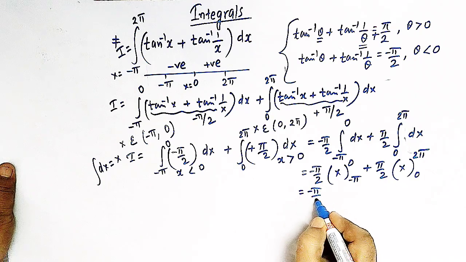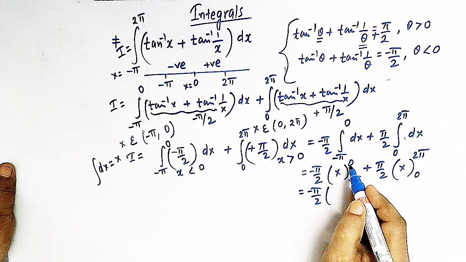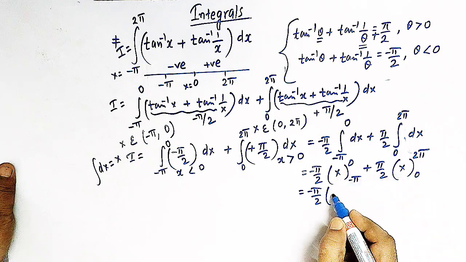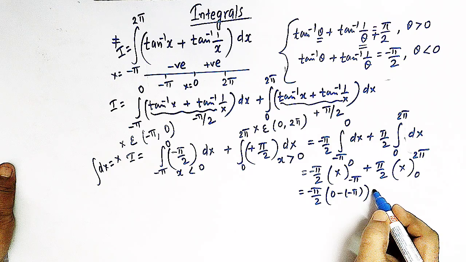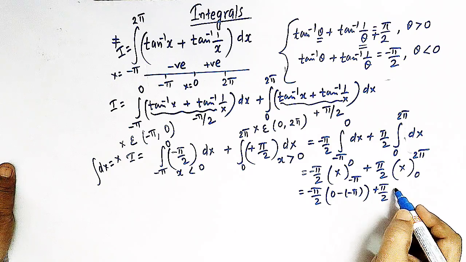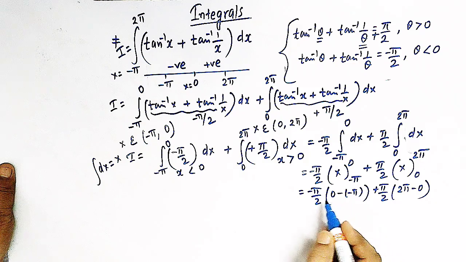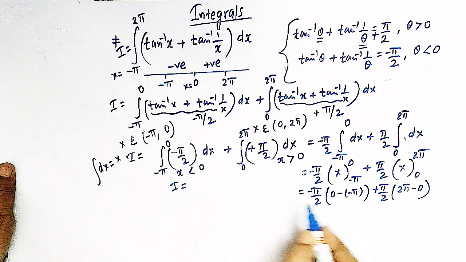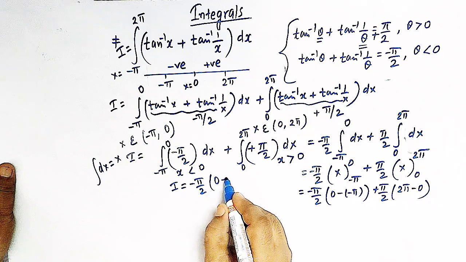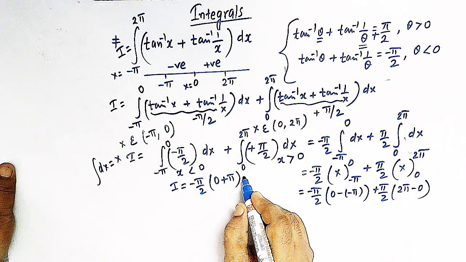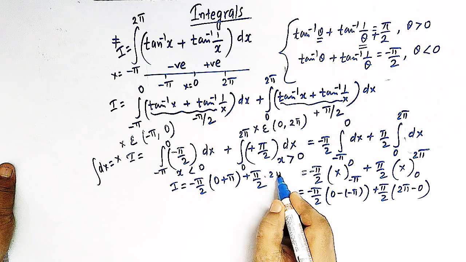So now we can write minus pi by 2, and we can now substitute the limits and we'll take the difference. So we have 0 minus minus pi, and here we have pi by 2 and 2 pi minus 0, right? So now I is equal to minus pi by 2, here we have 0 plus pi, and here we have pi by 2 times 2 pi.